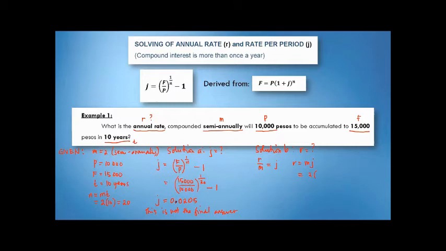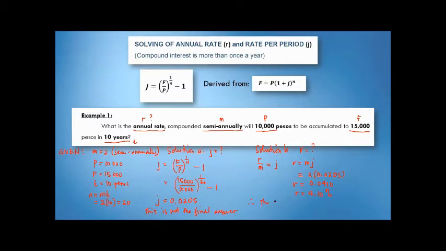Then yung J na compute natin as 0.0205. Ang answer pa rin dyan ay decimal up to 4 decimal places. So that is 0.0410. Dahil ang kailangan natin ay naka-percent, i-convert natin to in percent. So the final answer sa R is 4.10%.